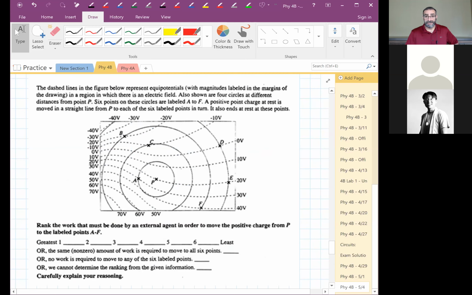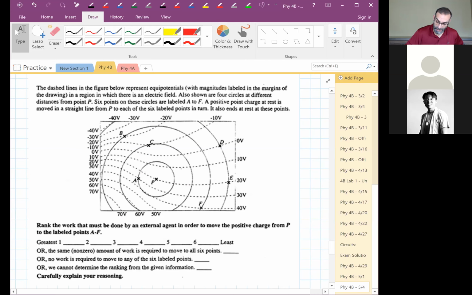I'm asking my own questions. The question is asking you to rank the work done by the external force in going from P to each of these 6 other locations. I'm just saying we're going to do a few of them, not all 6. We'll do 3 of them. And we're going to calculate both the external work done and the work done by the field.